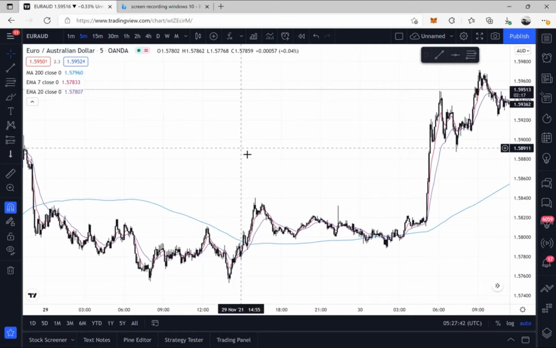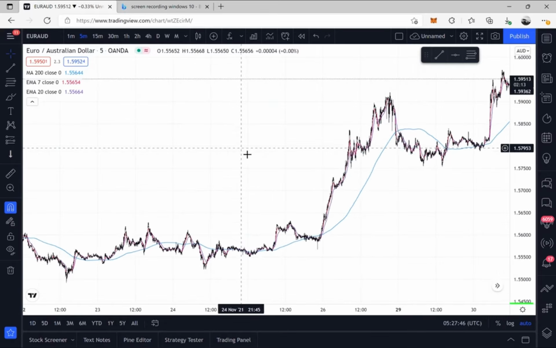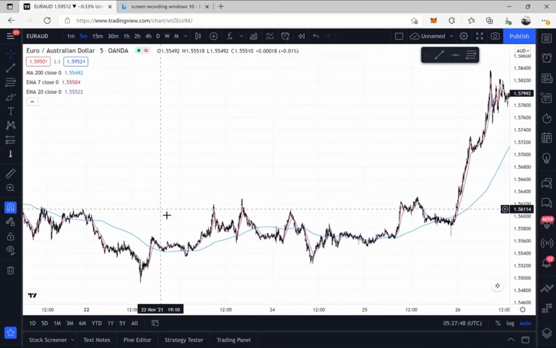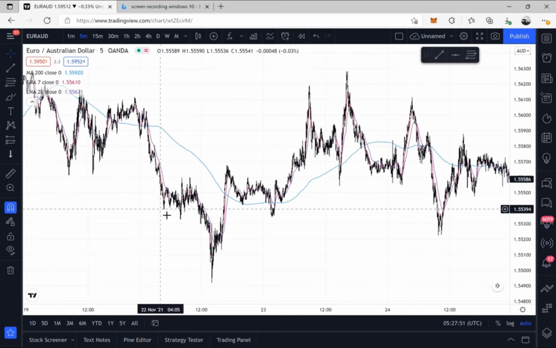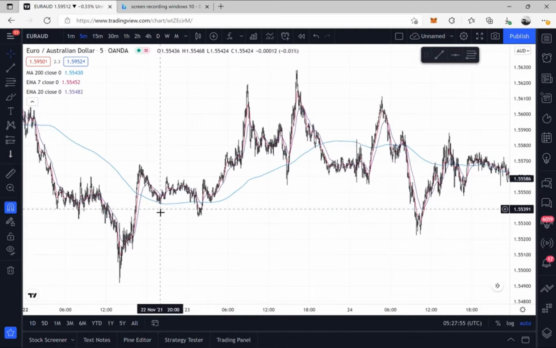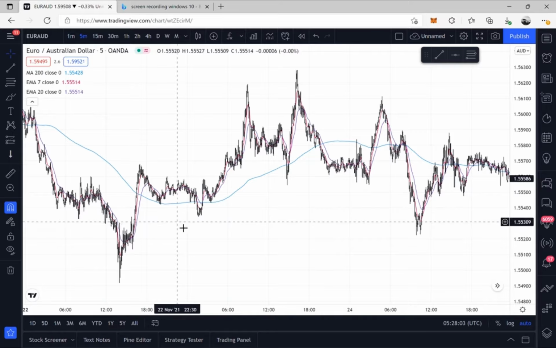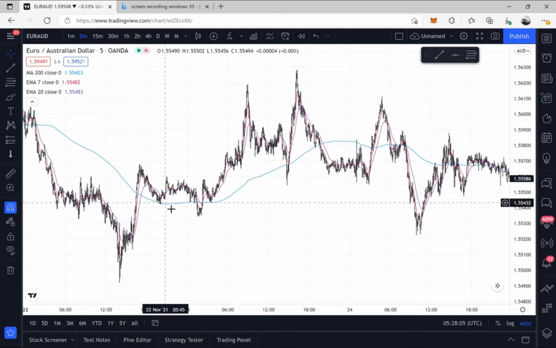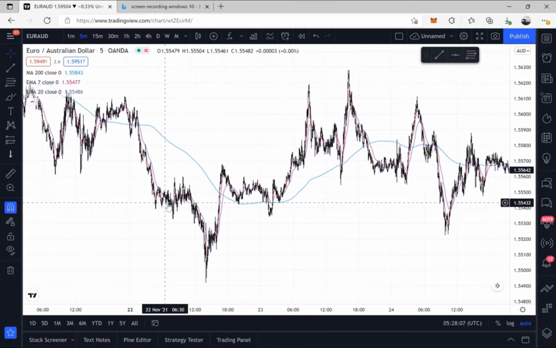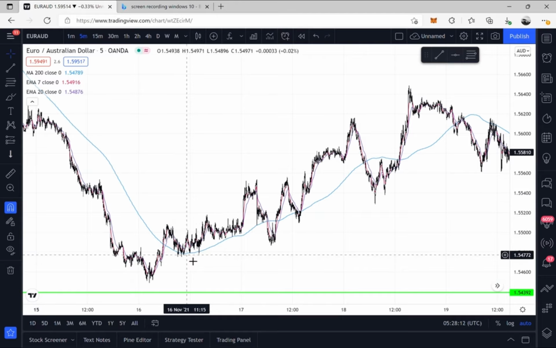I just enter it, but what I make sure to do is I set a stop loss, so then I don't have to keep watching the market all the time. So if I see a setup here, I would enter a buy and then put my stop loss below here to give the market room to breathe, and then I would put my phone away and check it every now and then.